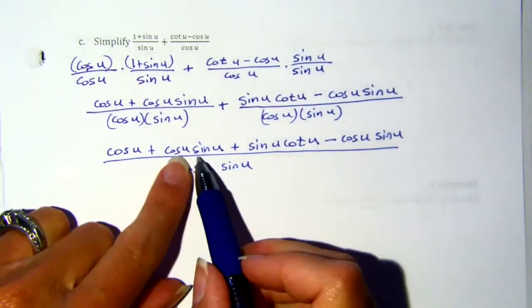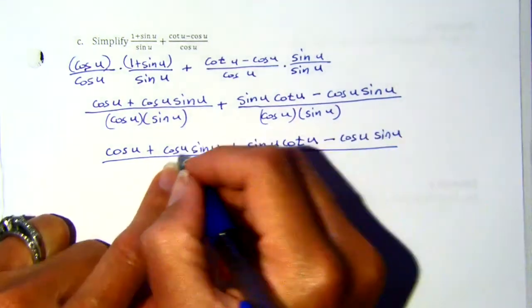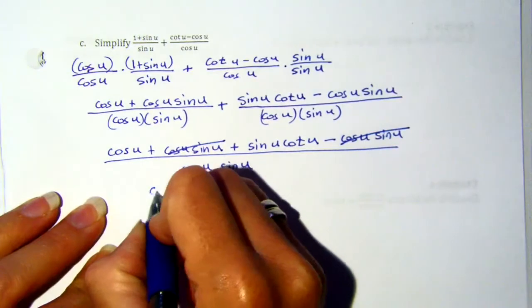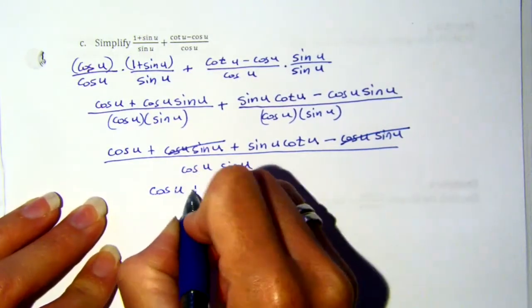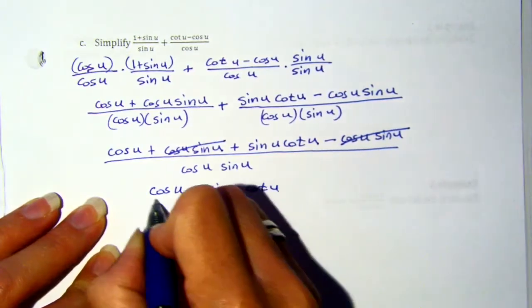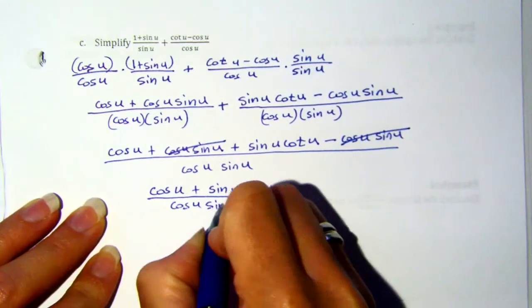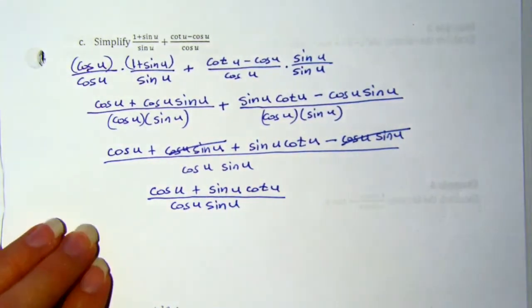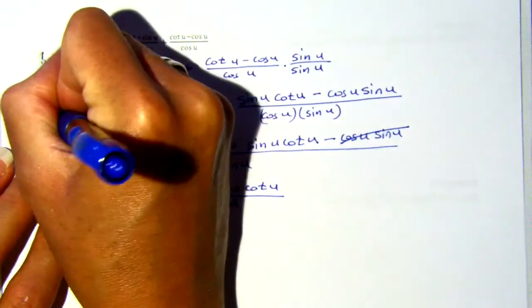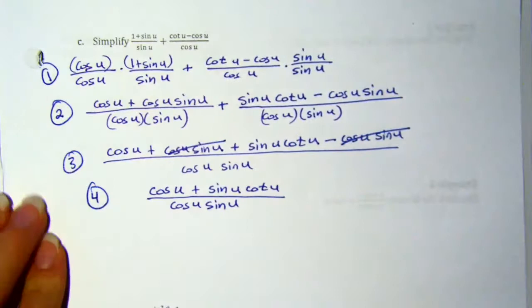Now if you notice, we have cosine u, sine u, and negative cosine u, sine u. Those will cancel. So now we have cosine of u plus the sine of u times the cotangent of u divided by the cosine of u times the sine of u. We're getting a little bit more simplified. This was step 1, 2, 3, and this is step 4.